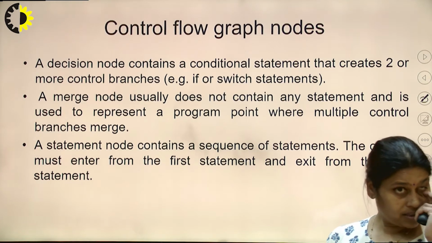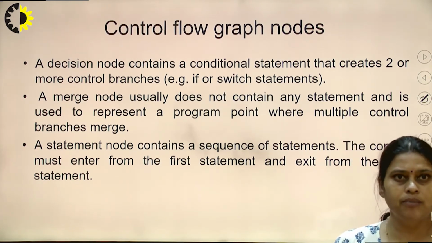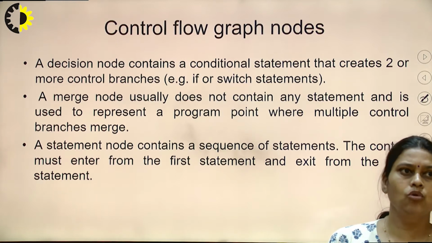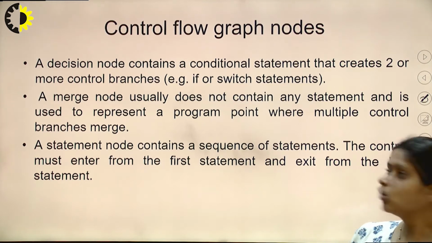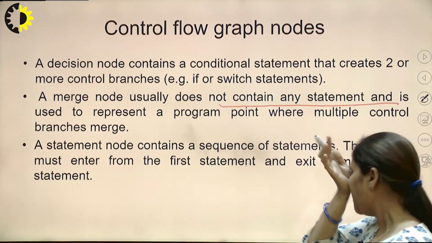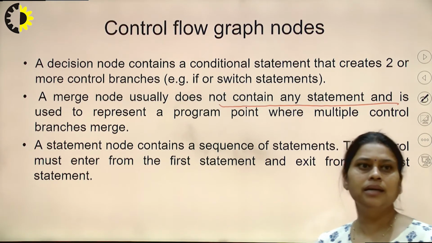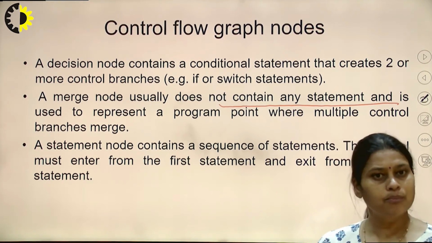So what is a control flow graph node? A decision node contains a conditional statement that creates 2 or more control branches, for example, in the switch statement. A merge node usually does not contain any statement, and it is used to represent a program point where multiple control branches are merged.